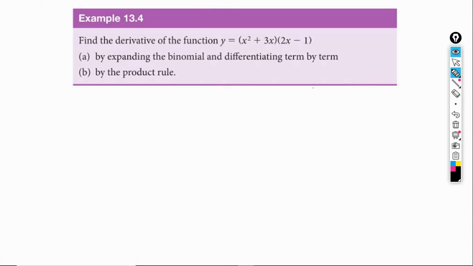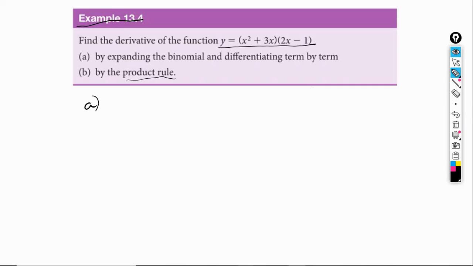Very well, so now we are in example 13.4, where they ask us to find the derivative of this function, A, by expanding the binomial and differentiating term by term, and B, by using the product rule. Okay, so similarly, they want us to compare the two methods.